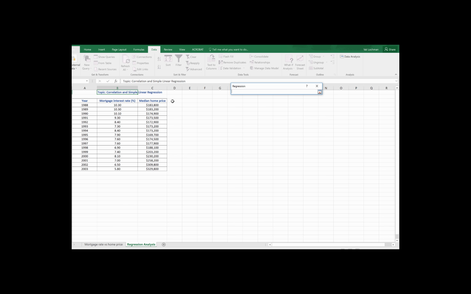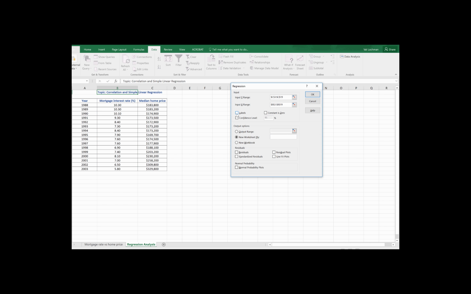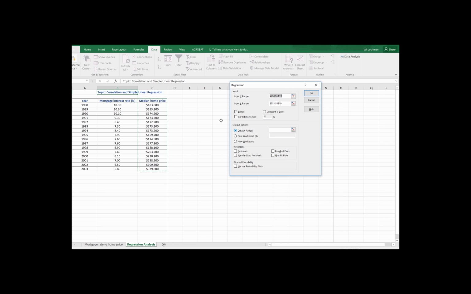For the Y range, we're going to choose the median home price. For the X range, that's your independent variable mortgage interest rate. I want to see labels. Output. Okay, let's go ahead and put it right here. That's where you want your output to be stored. I would like to see the residuals and the residual plot.